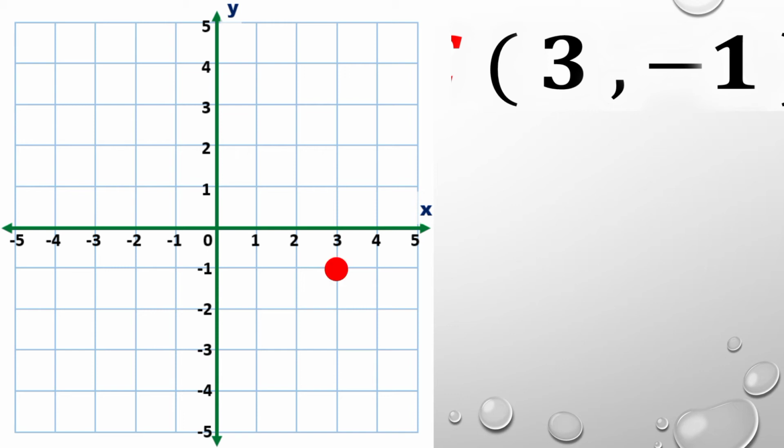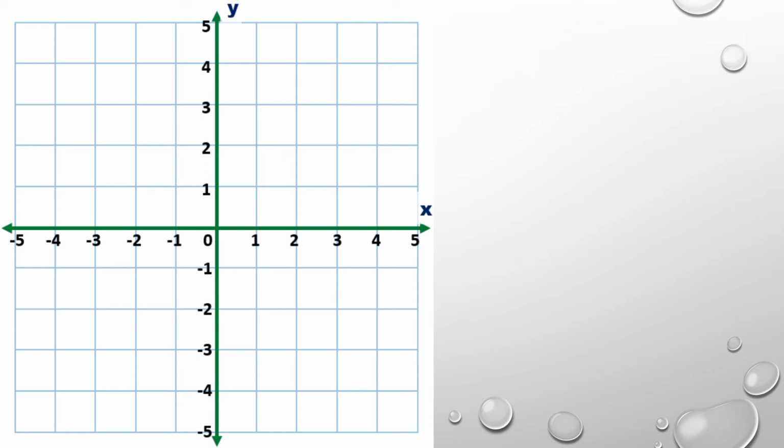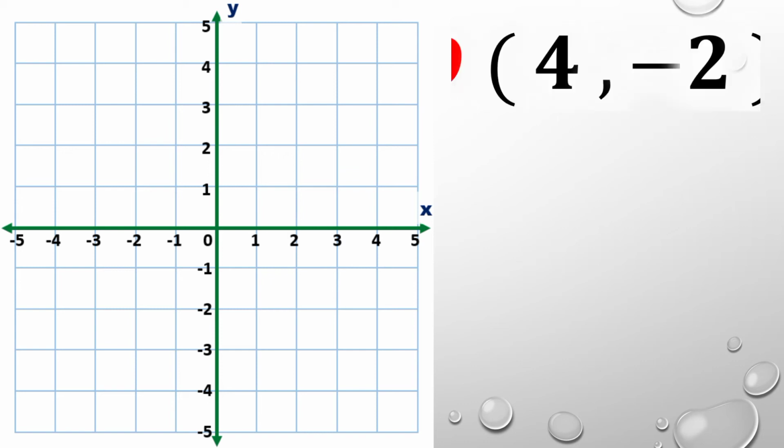It is located on the fourth quadrant since the x-coordinate is positive and the y-coordinate is negative. How about 4, -2? Same quadrant. It is found on quadrant 4 since 4 is positive and -2 is negative.